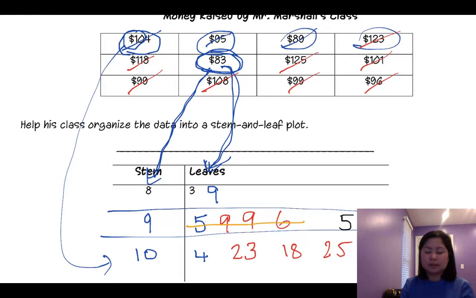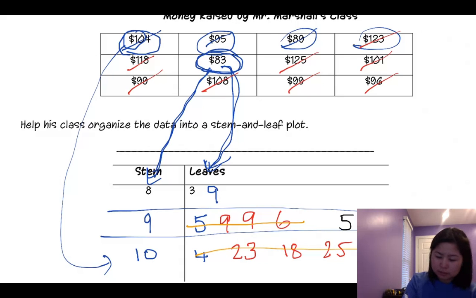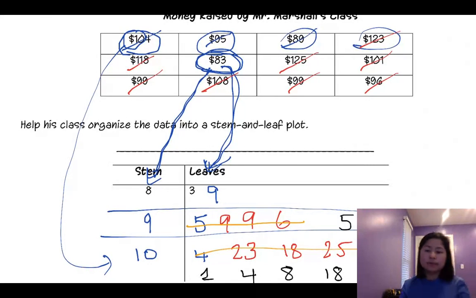For now, it doesn't have to be. I just wanted you to construct it. It's okay, it's not in order. If we do it in order, then we can do 1, 4, 8, 18, 23, 25. So it's okay if it's not in order. I don't mind. Okay.